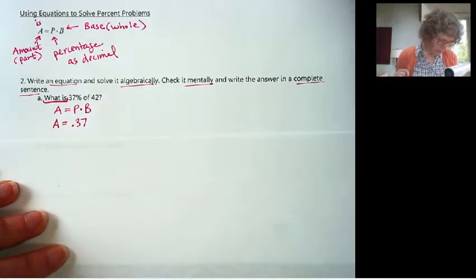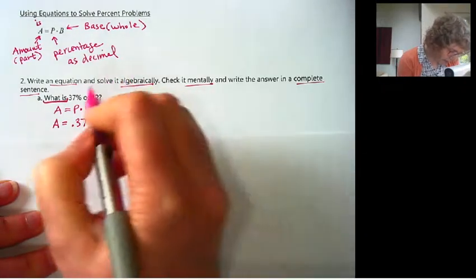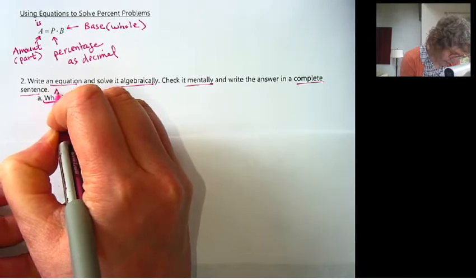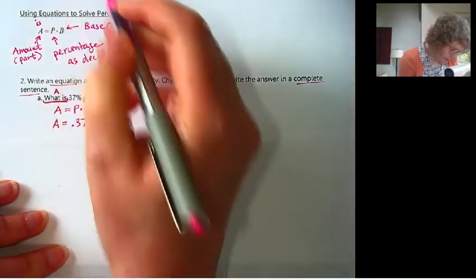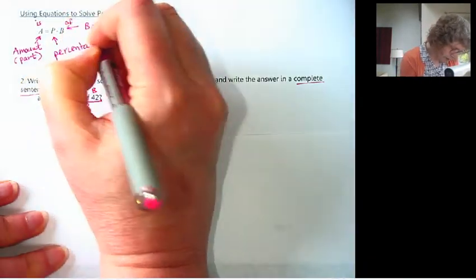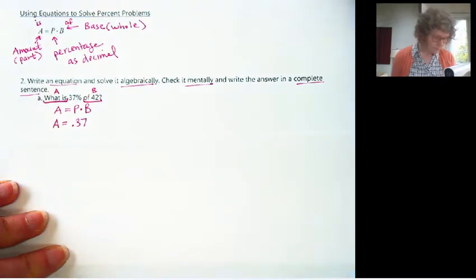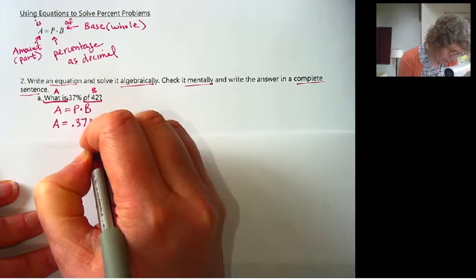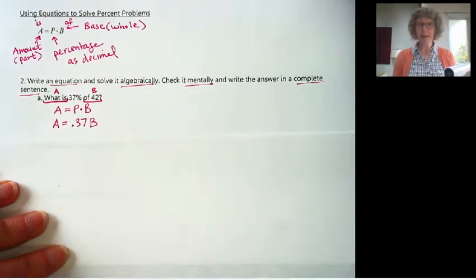So we change it to 0.37. Then the of means it's our B. So of goes with the base. Now I could put parentheses or dot or just B. So that's 0.37 times B.